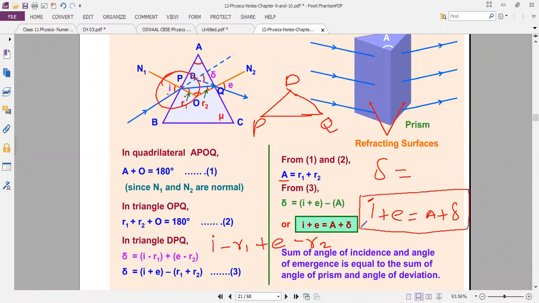Last class we discussed only the formula. Now it is a derivation format: diagram, equation number 1, equation number 2, 3. We go for the last equation. Just take a note up to equation number 4.